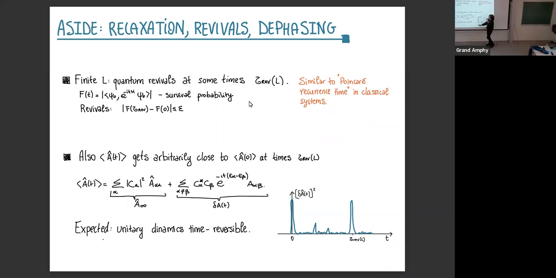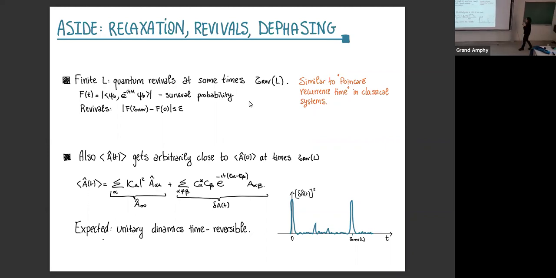If you sum over a finite number of frequencies, then this is a function that is, I think, quasi-periodic. So you can show that if you start from a given value of delta A at time 0 that is large, eventually you do find times at which this quantity is of the same order as at time t equal to 0, which is actually something that you expect for this dynamics, because unitary dynamics is time reversible. So if you look at evolution in this direction, you should see the same as if you look at evolution in the opposite direction.